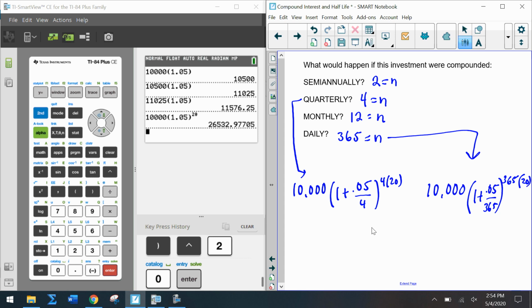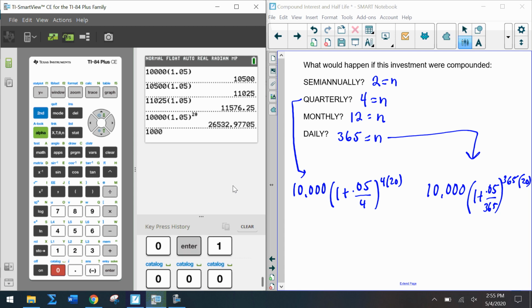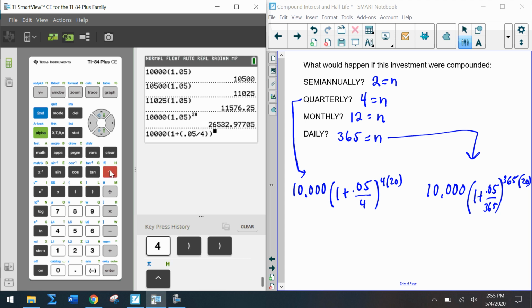Okay, so in your calculator, it's important to plug everything in exactly as it's shown and to include parentheses for this fraction. So I have 1 plus 0.05 divided by 4, close parentheses, and then all raised to the 4 times 20th.